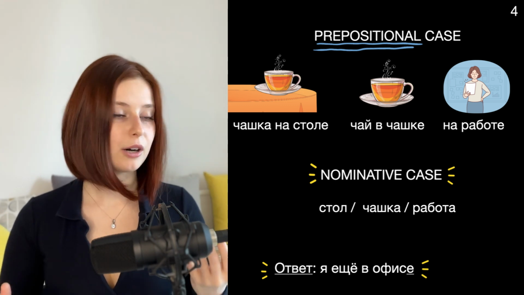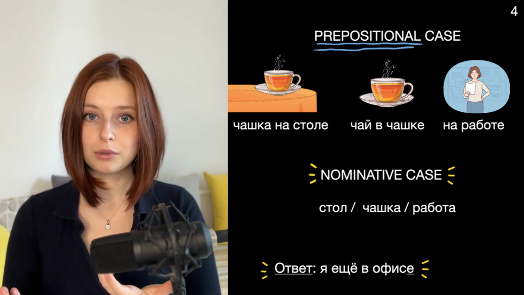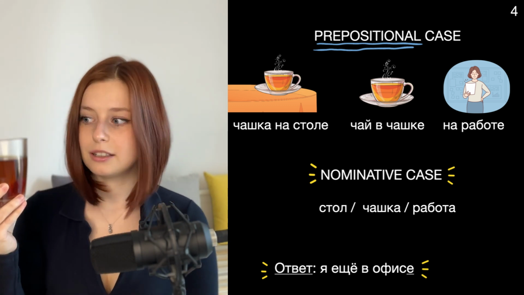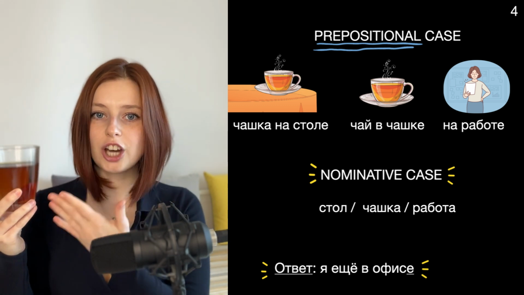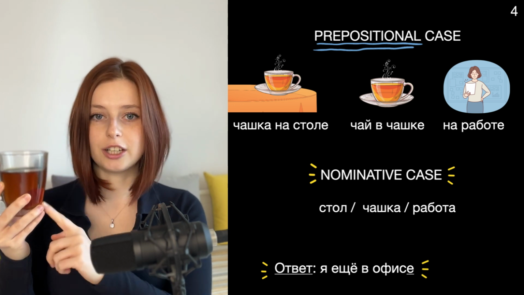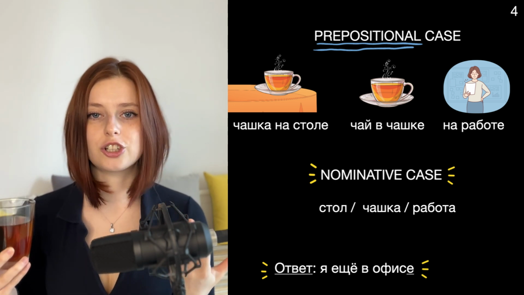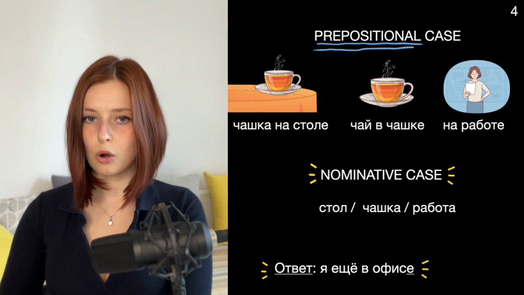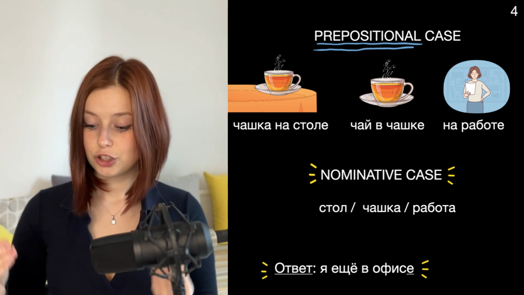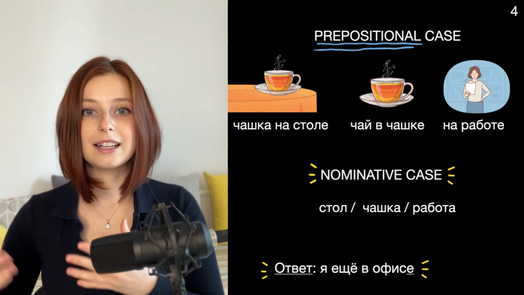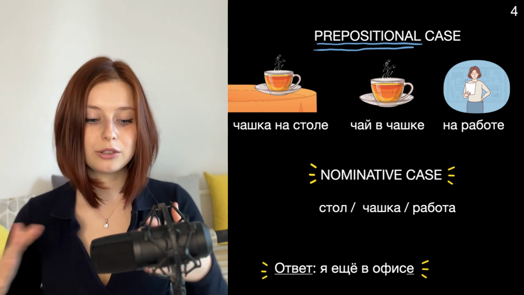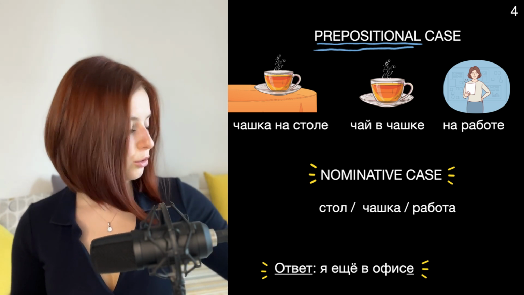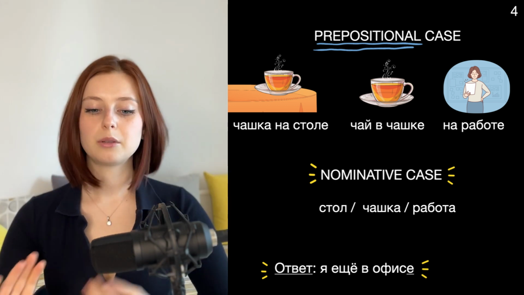If we're talking about in the cup, for example, I've got here the tea in the cup. I will say чай в чашке. But if now the cup is on the table, чашка на столе. Because it's on top of the surface, okay? So that's the whole difference, basically.